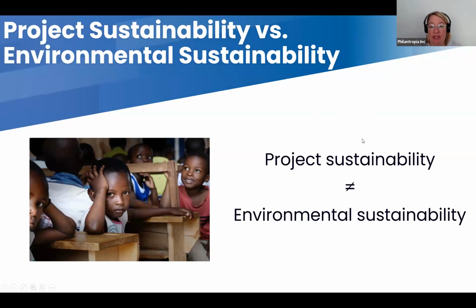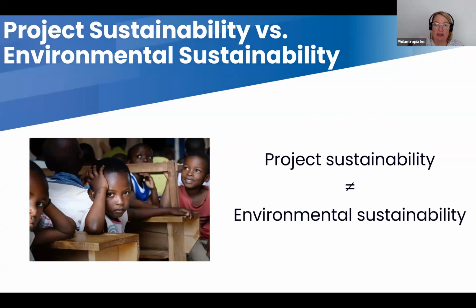Again, what is important to understand is that project sustainability is usually not environmental sustainability. When a donor asks you for your project sustainability, usually they don't want to know if you are recycling the trash, or if you are using only vegan food in your cafeteria, etc. That is usually not what they want to hear in those cases.